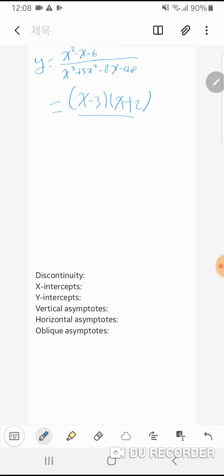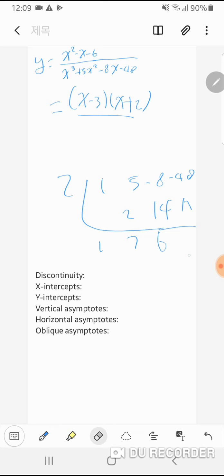And the cubic, we don't really know, so we have to put numbers. So if you put 1, that's not going to work. If we put 2, that's also not going to work.